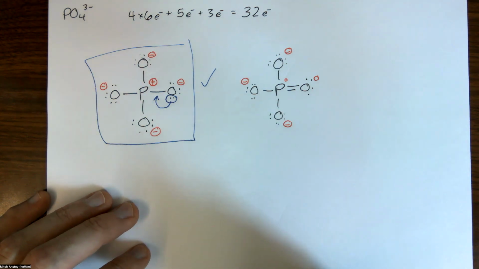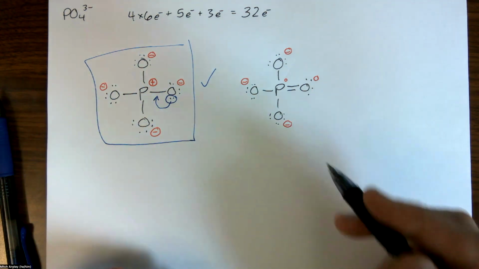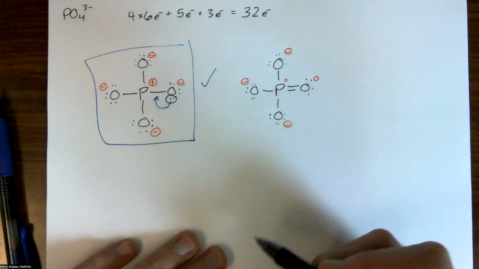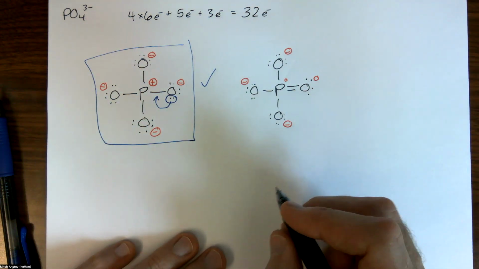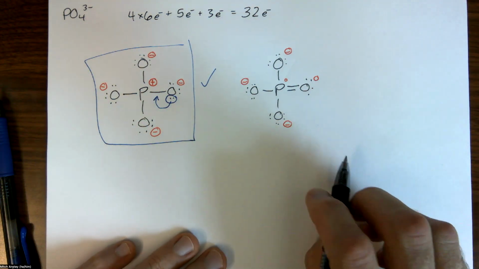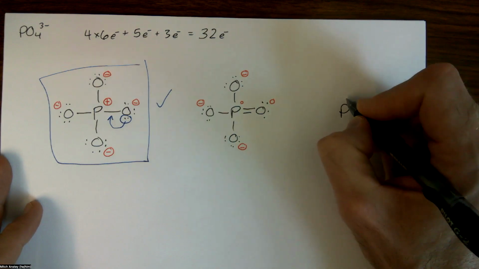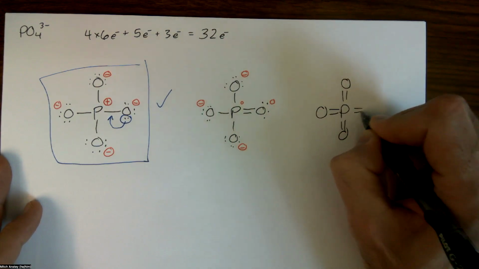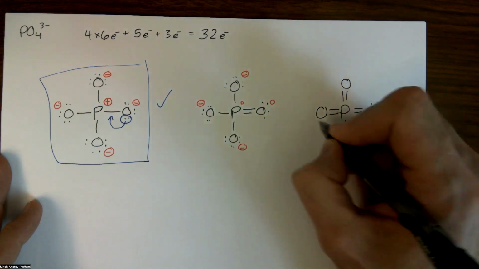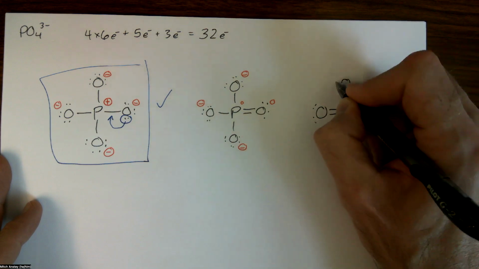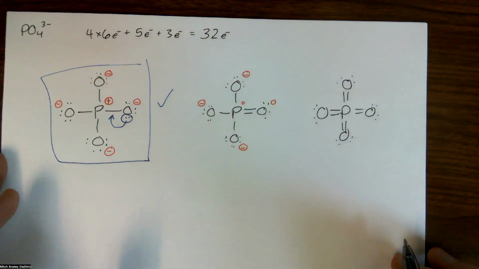Let's go ahead and do that. I'm just going to skip straight to the final structure where all of these oxygens would be sharing their negative charge with phosphorus. Presumably, this could happen. Phosphorus has access to d orbitals.